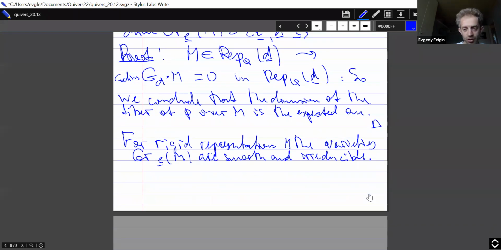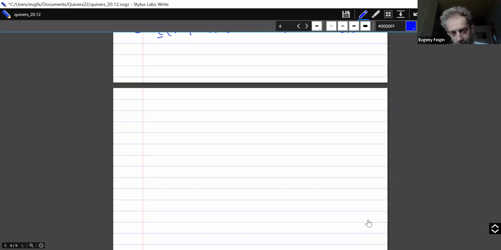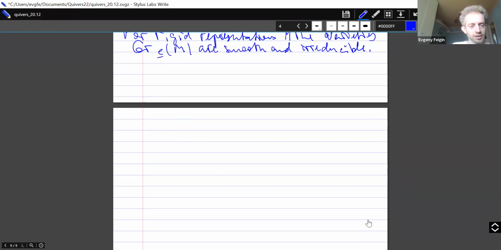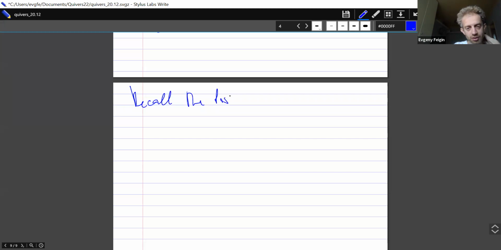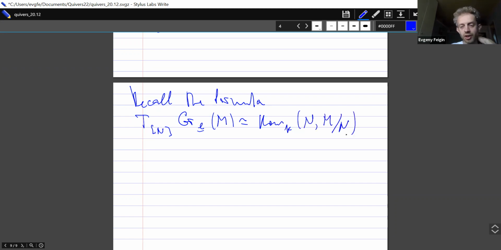Okay, so now let me give you 2 more things, maybe. The first thing is as follows. So recall the formula: the tangent space T_N of Gr_e(M) is isomorphic to Hom over K of N and M/N.